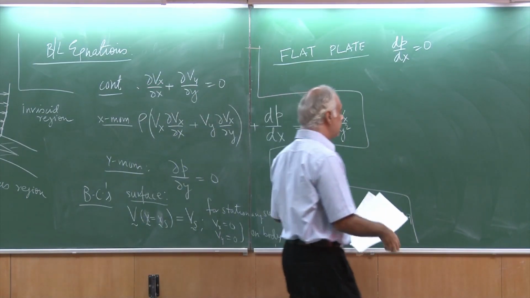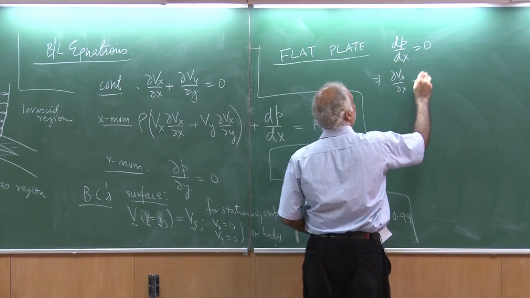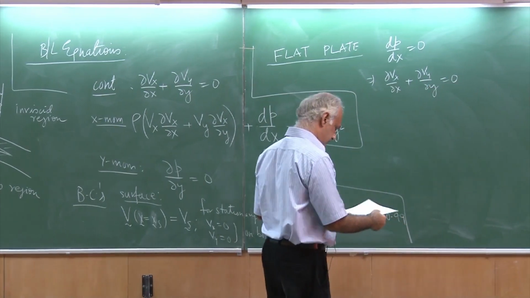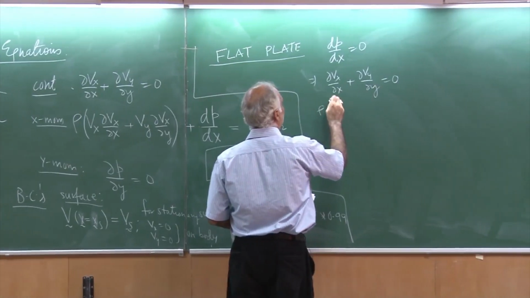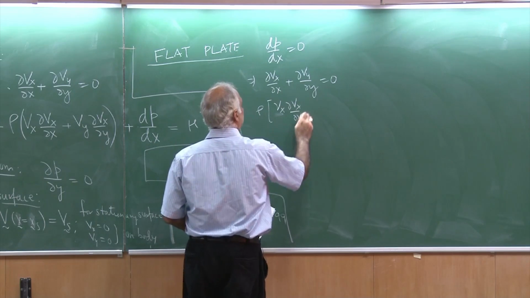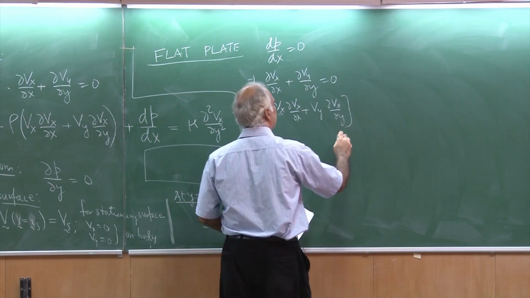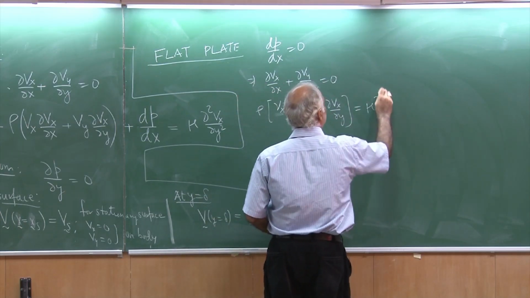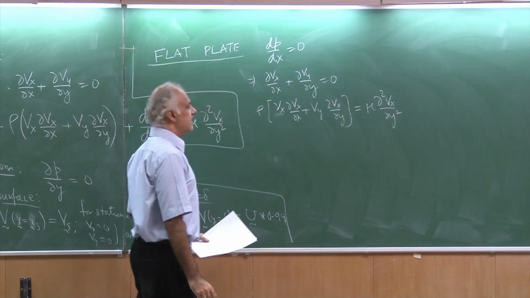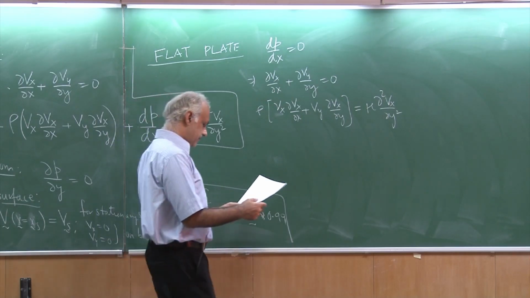So my equations become: del Vx by del x plus del Vy by del y equals 0, and then rho times (Vx del Vx by del x plus Vy del Vx by del y) equals mu times del square Vx by del y square. These are the equations that govern the boundary layer on a flat plate.